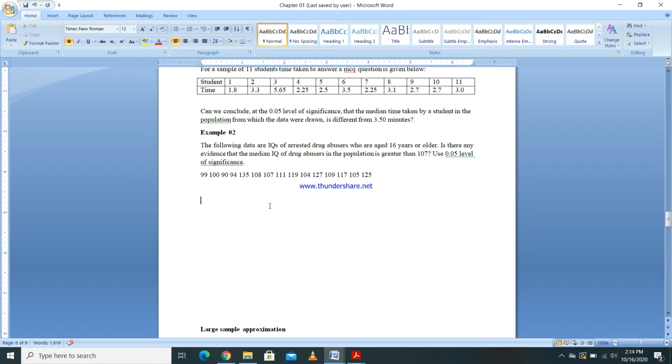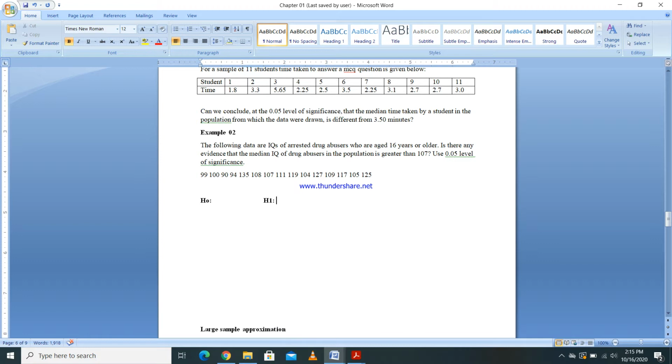In this case, the first step is you have to write down the hypothesis. Your claim is you have to test whether the IQ level of these drug abusers is greater than 107 or not. So first I'll write down the hypothesis, that is H naught against H1. I'll be writing H1 first because we always take the claim as H1.